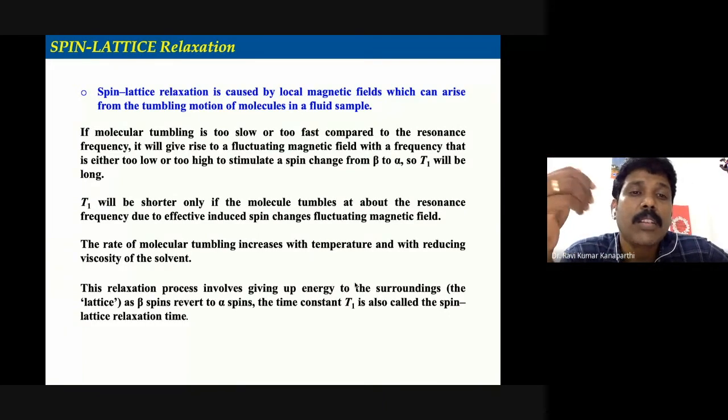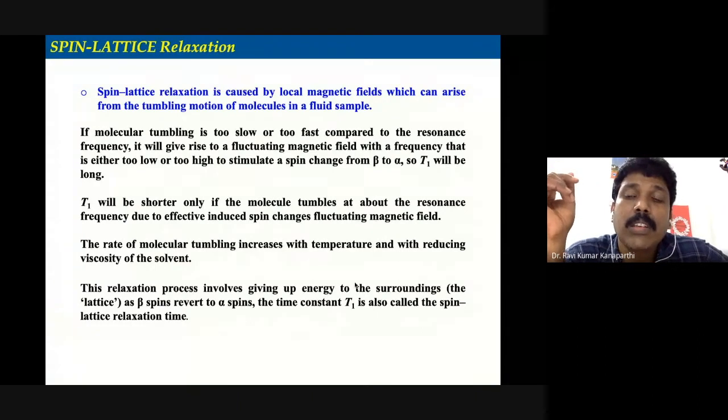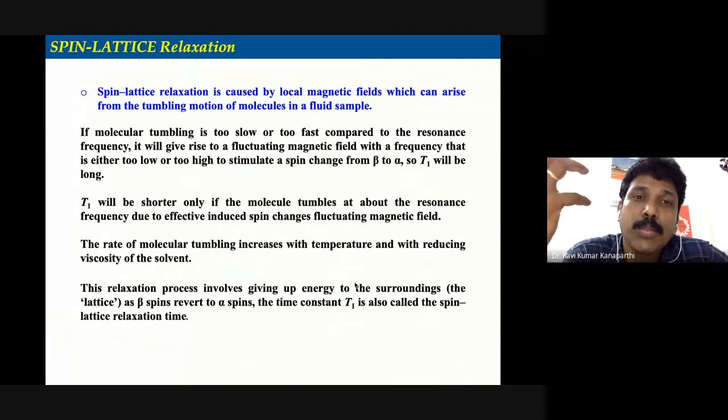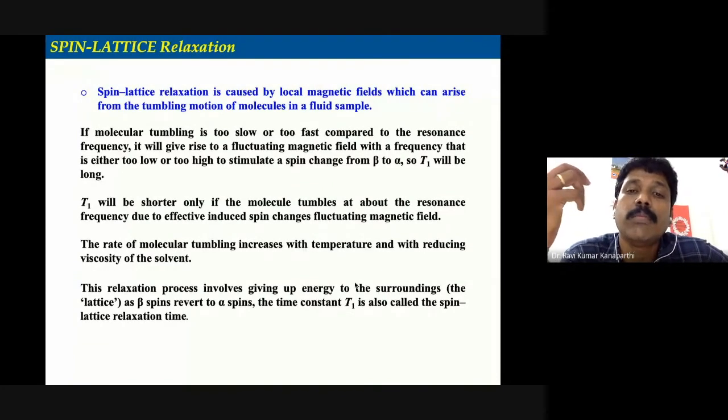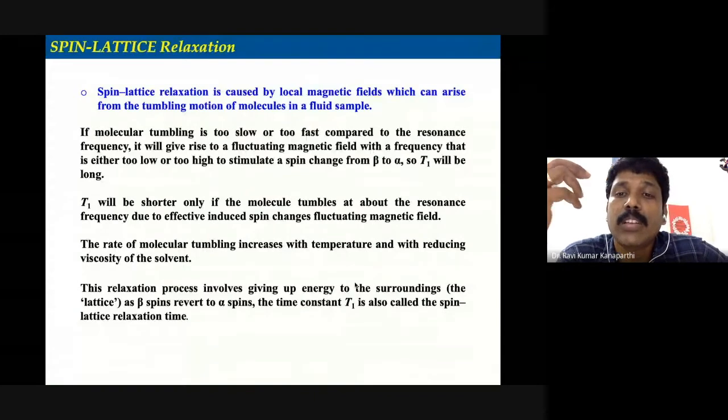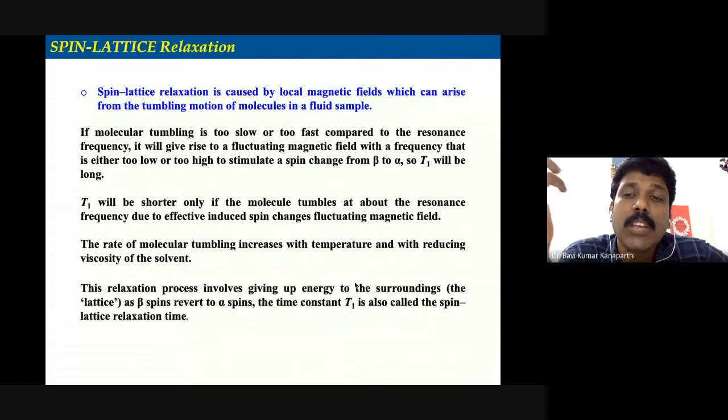Suppose the molecular motion is too slow or too fast compared to the resonance frequency. It will give rise to a fluctuating magnetic field with a frequency that is either too slow or too high to stimulate the spin change from beta to alpha conversion. Therefore, T1 will be long. Are you understanding the point?